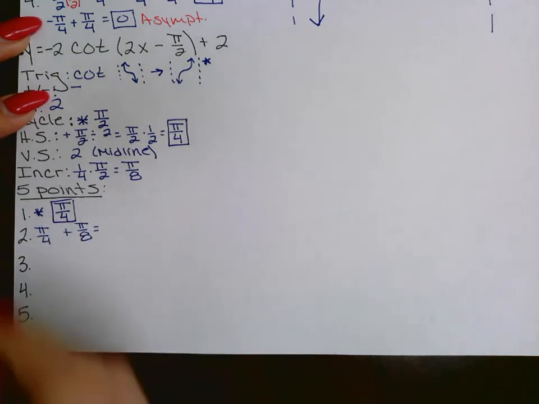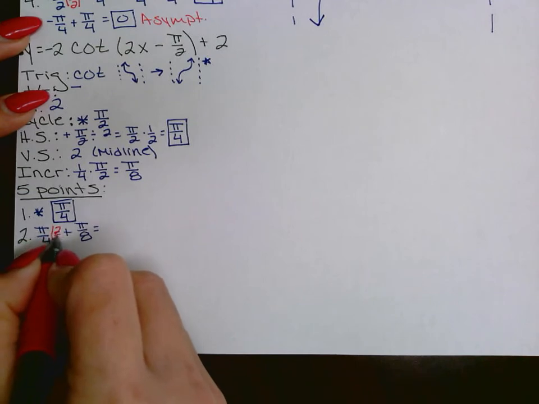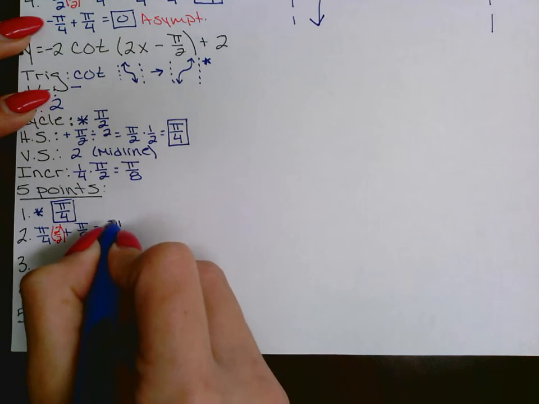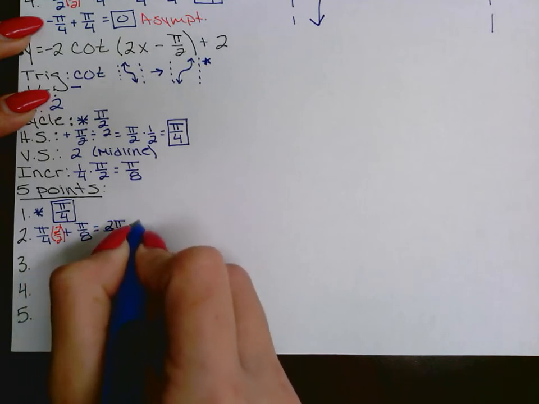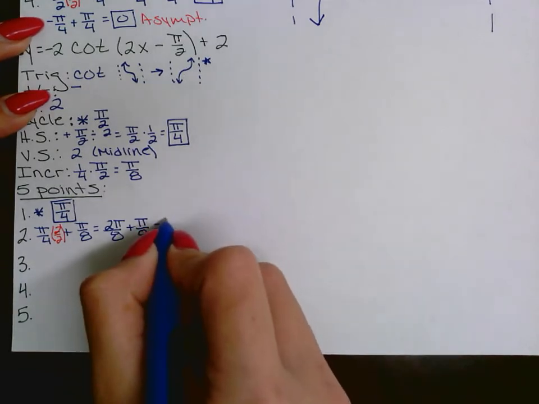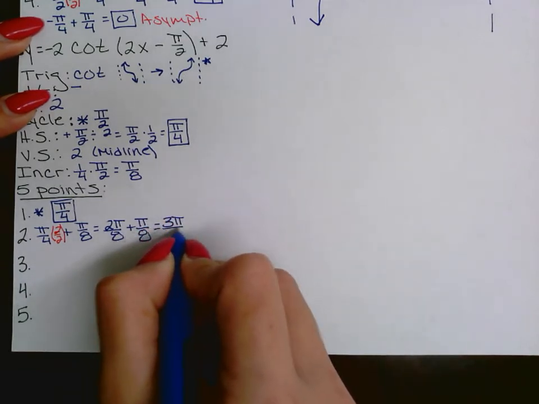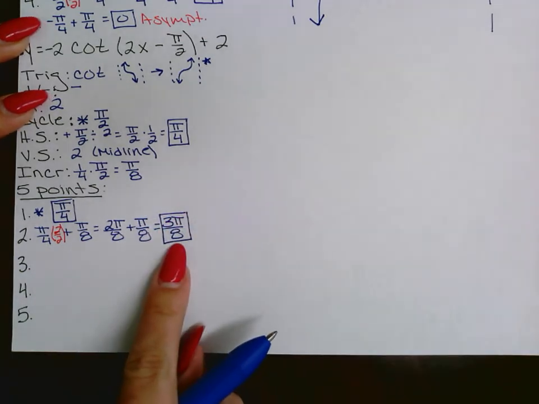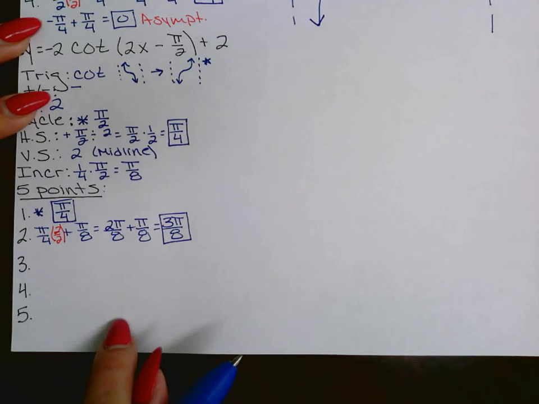I'm going to need that common denominator. A 2 pi over 8 plus a single pi over 8 is 3 pi over 8. And if my increment is 1 pi over 8, what am I going to get at my next point? 4 pi over 8, and then 5 pi over 8, and then, right. So again, once you catch that pattern, you can skip the rest of the work, okay?